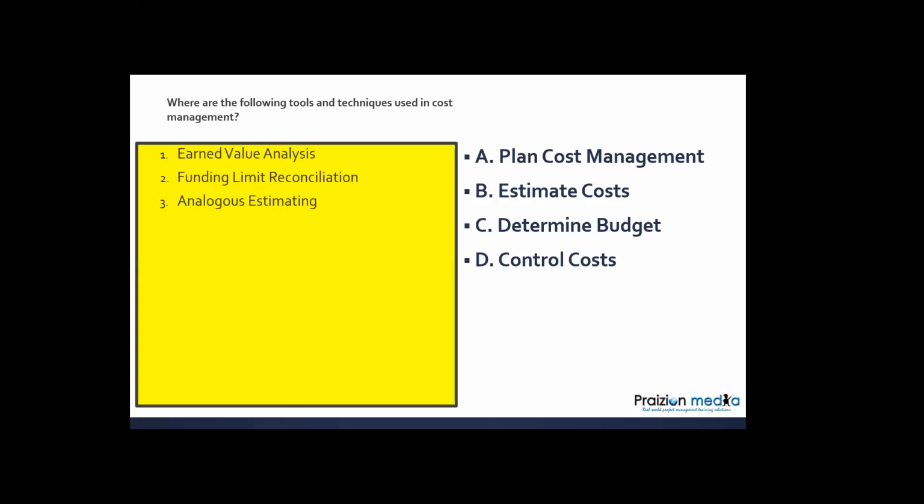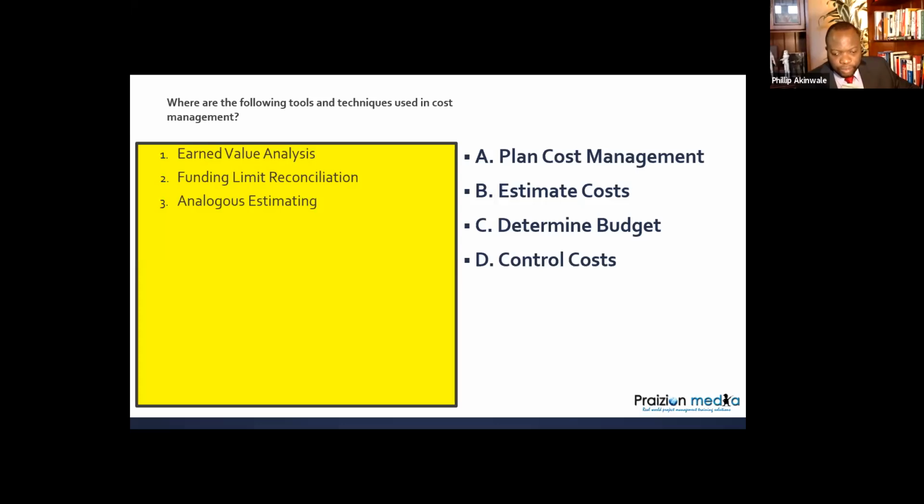Three, two, and one. And let's end the poll, share the results. So analogous estimating, the word estimating gives it away. Everyone got this one right? Everyone who voted? The answer is indeed B, estimate cost. So well done. All right, here is the next poll.